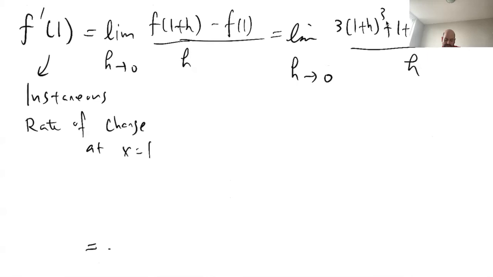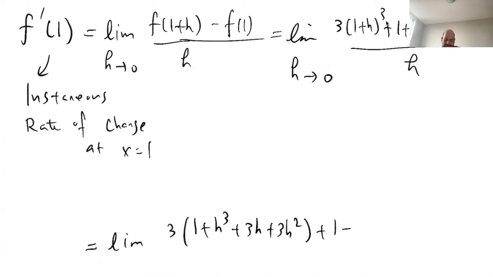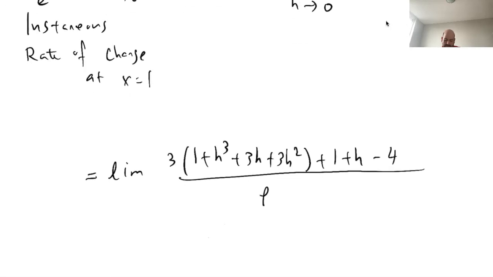And then this is limit 3 times 1 plus h cubed, 3h squared, 1 plus h minus 4 divided by h, h approaches 0. So this will be 3 times 1 is 3, plus 1 is 4, 4 minus 4 is 0.